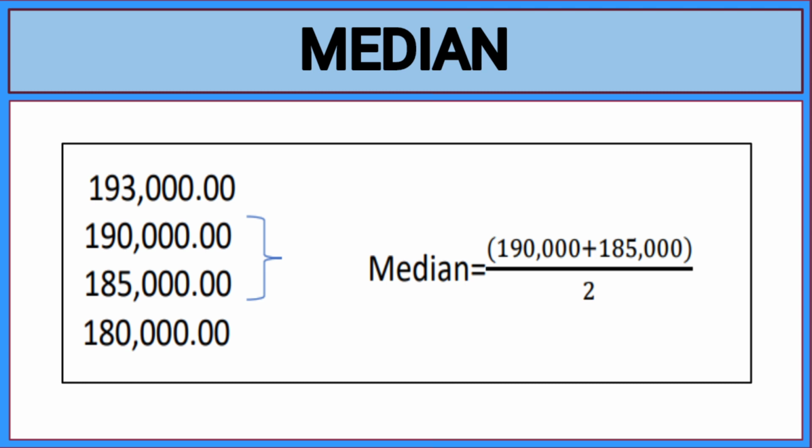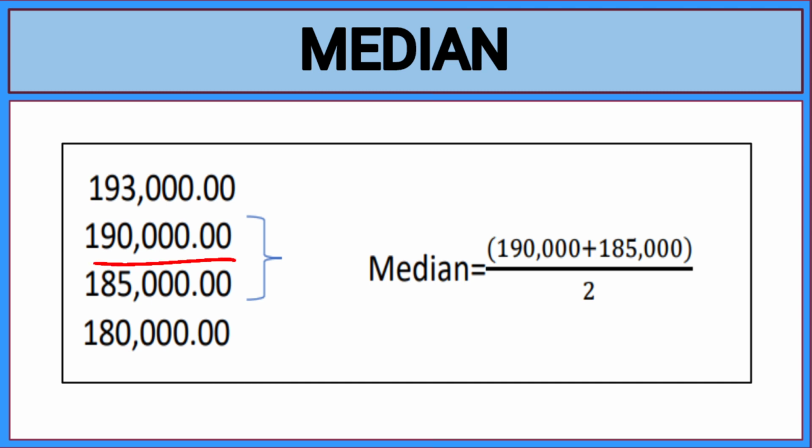here we have an even number of elements. So if the distribution is made up of an even number of scores, the median can be found by determining the point that lies halfway between the two middle scores.